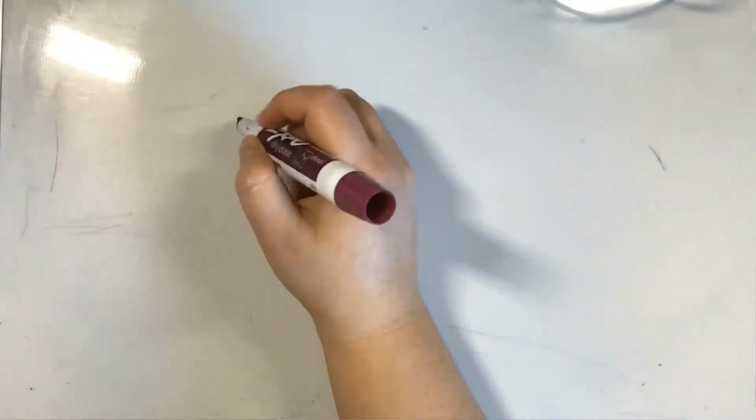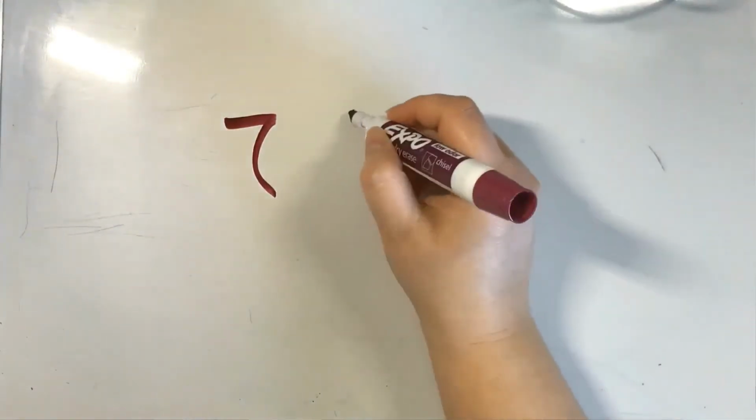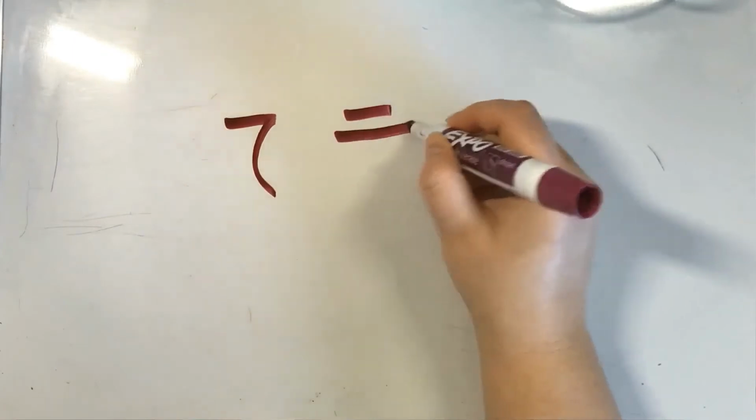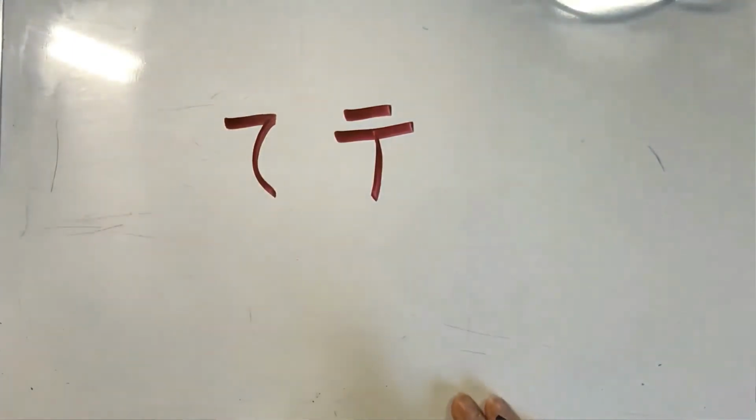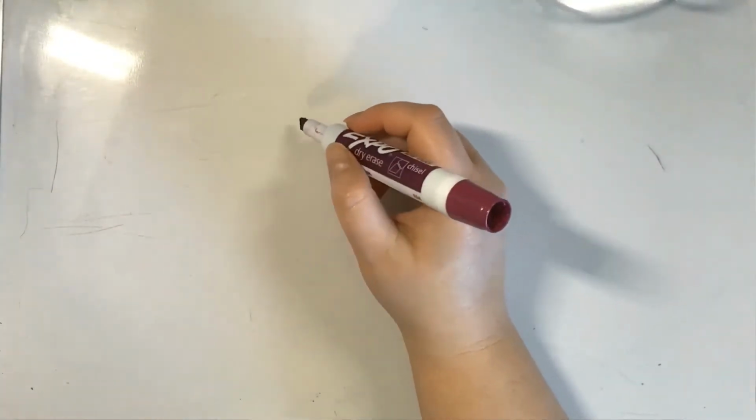Next one we're going to learn is te. Here it is in hiragana, and then here it is in katakana. Again, not very similar in appearance. It's kind of like a capital T that has another line on top of it.